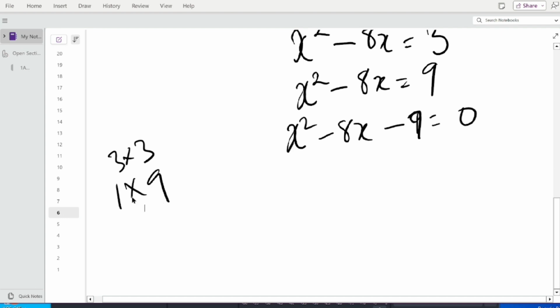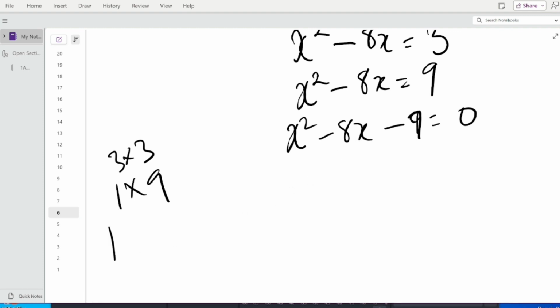So two numbers that you multiply to give you minus 9. That means one of these two numbers will carry the negative. And we know that we have minus 8x here, so when we add them together, it has to give us minus 8. For you to get a negative 8, the bigger number should carry the negative. That means you have to owe more than you have for you to get a negative 8.